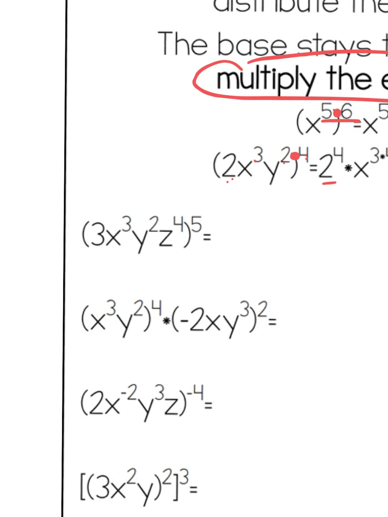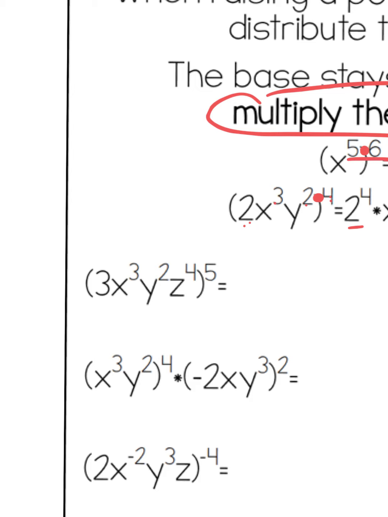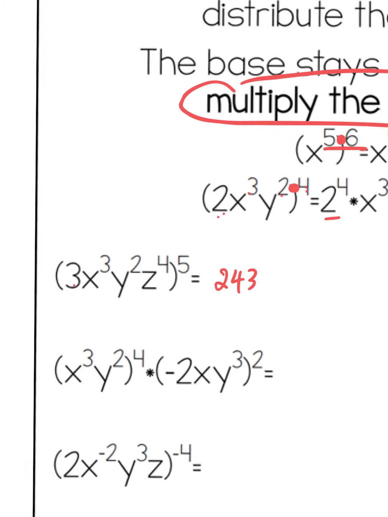All right, let's do the practice. 3 raised to the power of 5, you're going to use your calculator, right? 3 times 3 times 3 times 3 times 3 will be 243. Remember, 3 raised to the power of 5, not 3 times 5. Some people may write down 15, and that's going to be so sad.